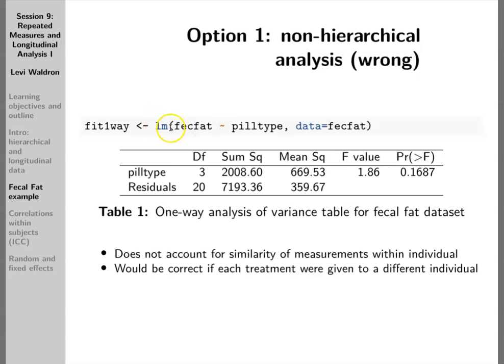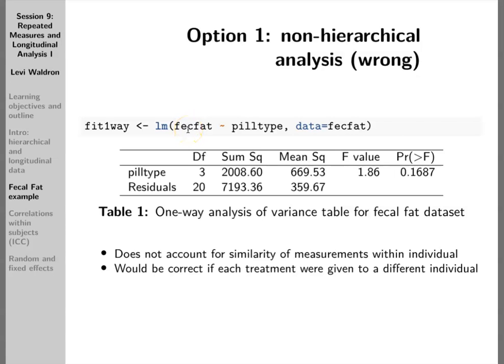I'm fitting a linear model with fecal fat as the response and pill type as the predictor. So this is just an ordinary linear model that we have done when we had the assumption that each of our observations was independent. This is incorrect in this case because these fecal fat observations are not independent.